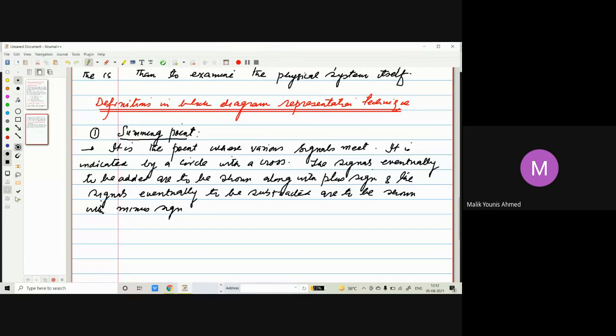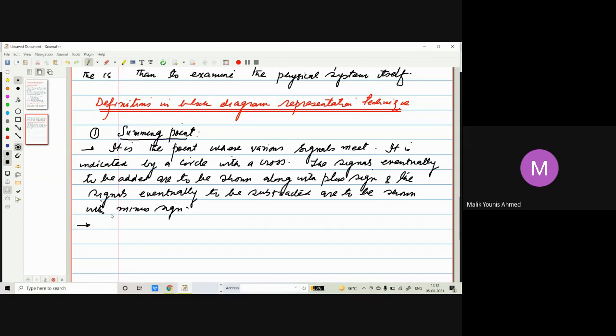Minus sign or negative sign, whatever. So what's the meaning of this? Very clear. If we have a number of signals that have to be added, then in the cross there has to be a plus sign. If they are to be subtracted, then there has to be a minus sign. Very simple. There's no difficulty in this case.